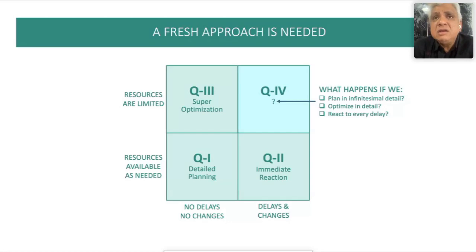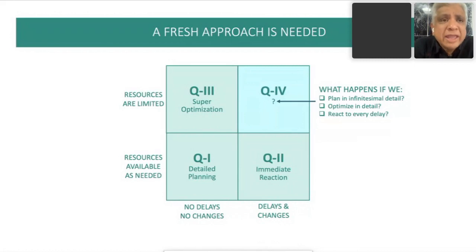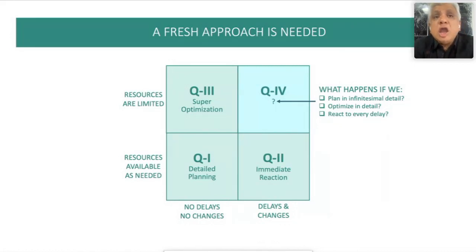In the sense that, would you just spend too much time creating a plan and churning data and not providing useful information to people on the field if you engage in this detailed planning? Similarly, in the real world, reacting to every delay, is that a good thing or a bad thing?